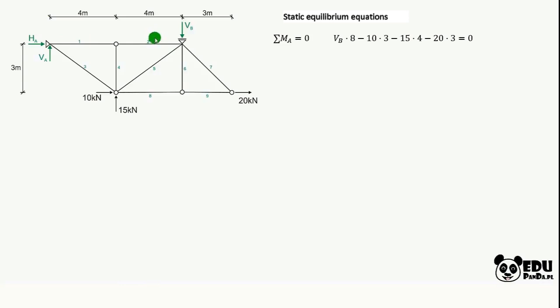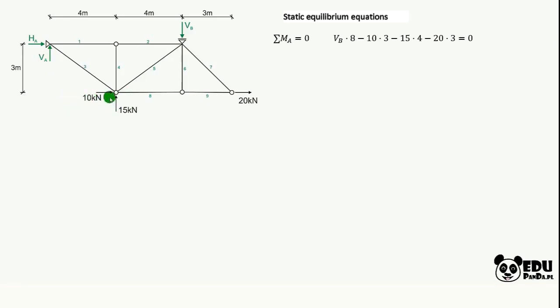I assume when calculating reactions that clockwise moments are positive. Next we have that 10 in the equation. It rotates counterclockwise with respect to pole A. And this is its direction of action, that horizontal, while the moment arm is the shortest distance from this horizontal segment to point A, which is this distance here. This is 3 meters, so minus 10 times 3.